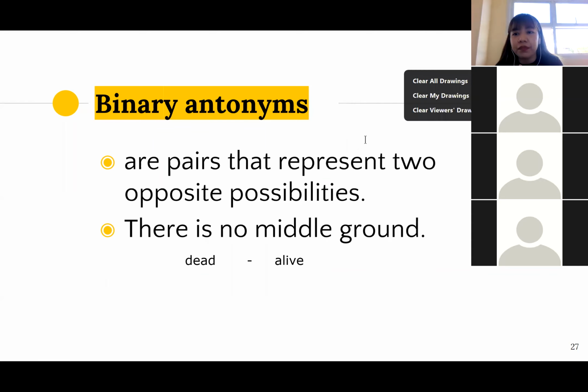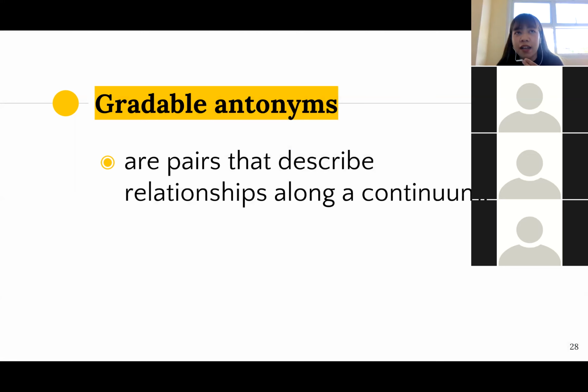On the other hand, we have gradable antonyms, which are the opposite of binary. If binary antonyms have no middle ground, gradable antonyms describe relationships along a continuum. You can grade them, so there is still a middle ground. We have pairs of words such as hot and cold.